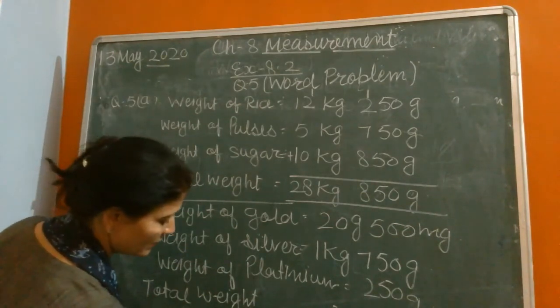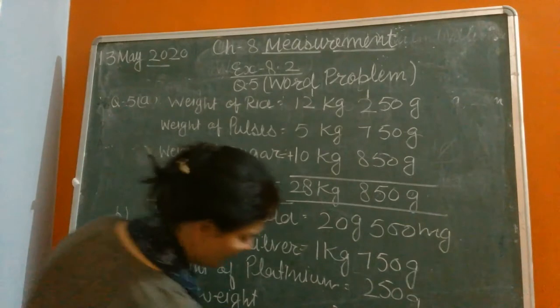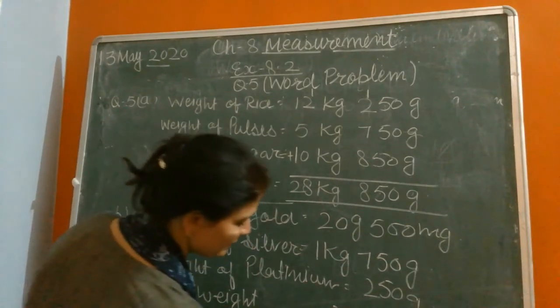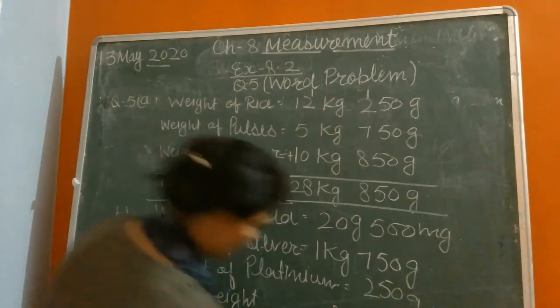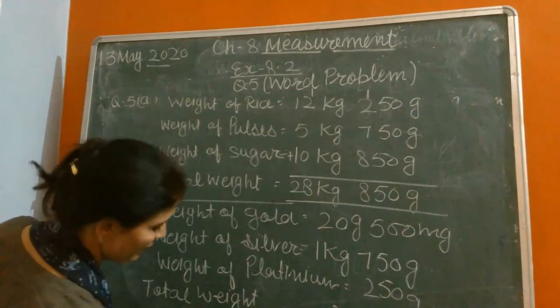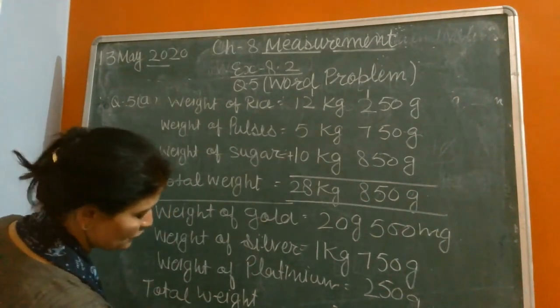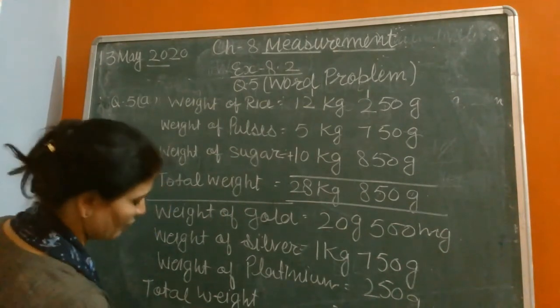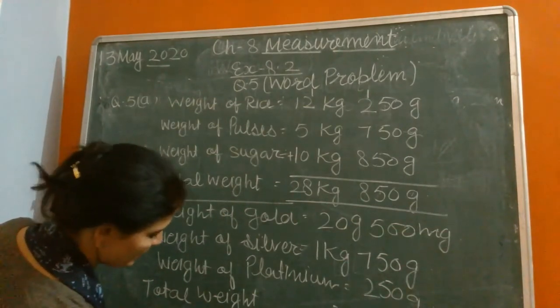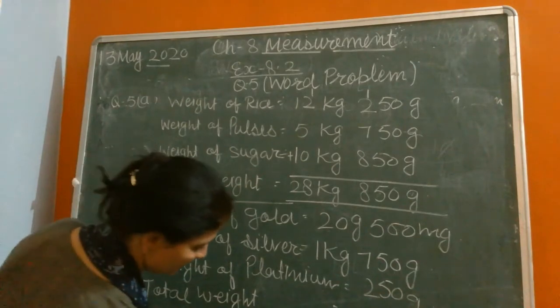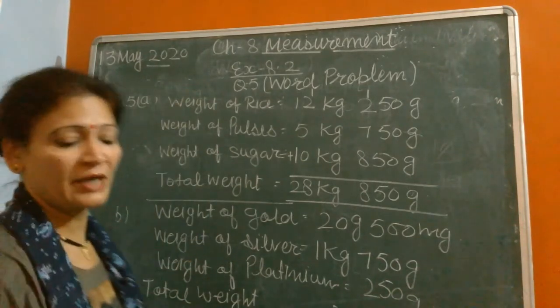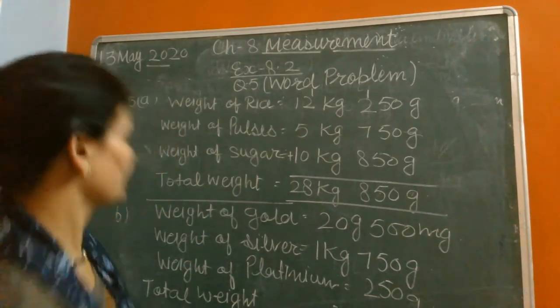Now add 500 mg, 0, 12, 2 carry 1, 3, 7, 8 plus 2, 10, 0 carry over 1, 2 kg, 20 gram and 500 mg is the answer.